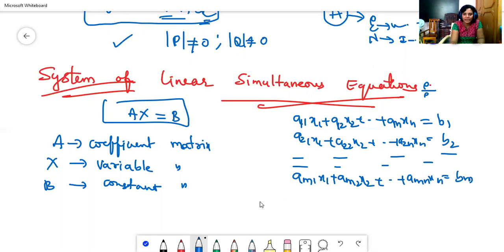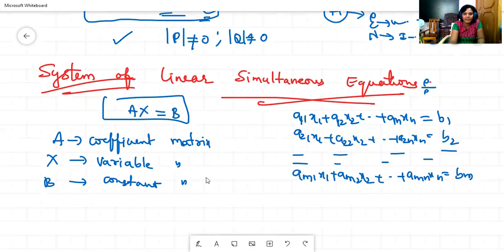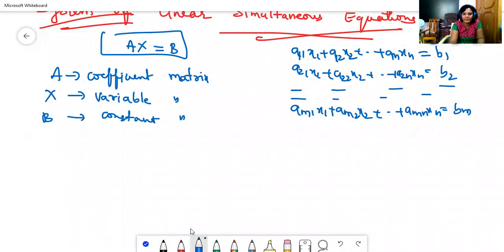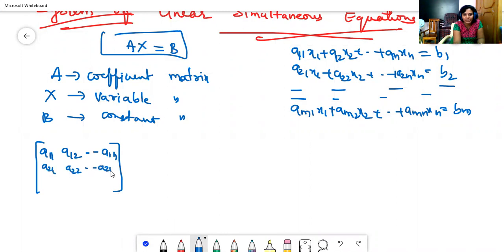In this, the A matrix is the coefficient matrix, expressed as A equal to a11, a12, so on, a1n; a21, a22, so on, a2n; and so on, am1, am2, so on, amn.